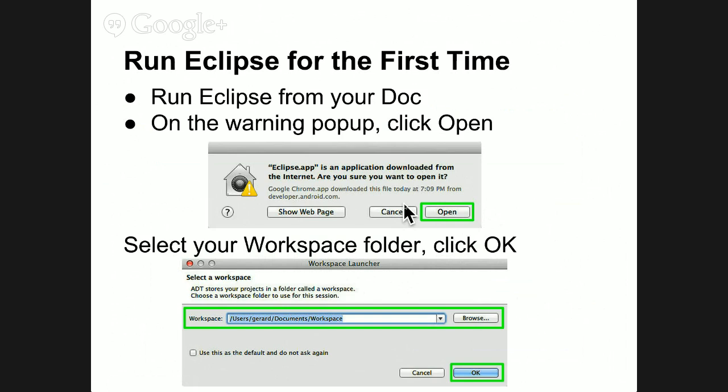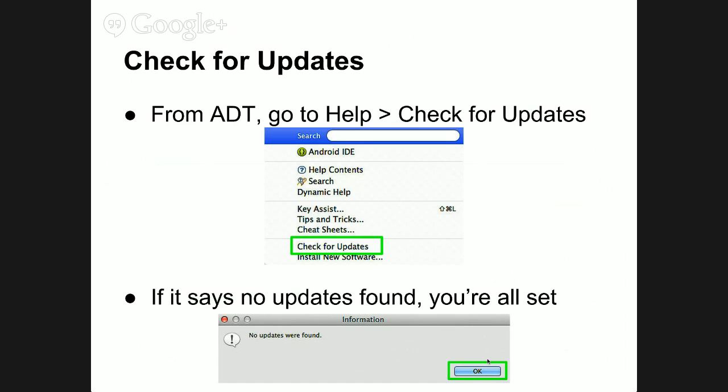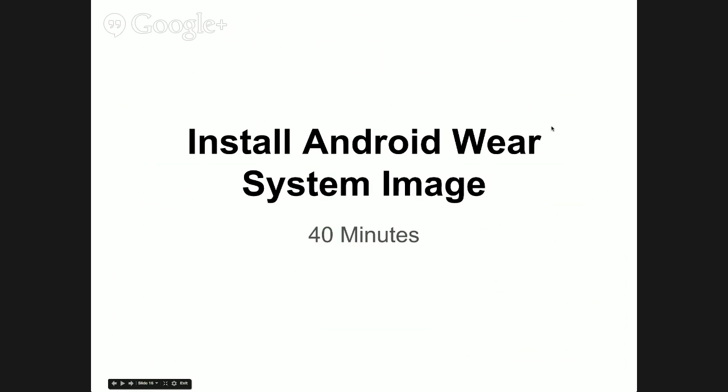It came from Google, so we trust it. You click open. It's going to ask you where to put your projects. That's the workspace, so you can pick any folder you want. Click OK. Then you can check for updates from Help, Check for updates.